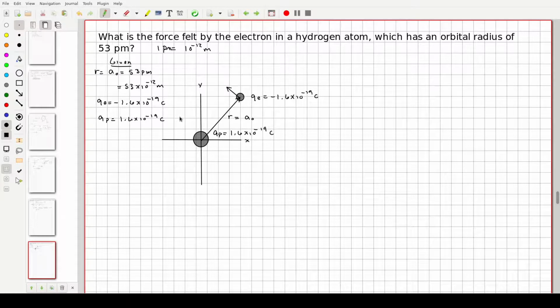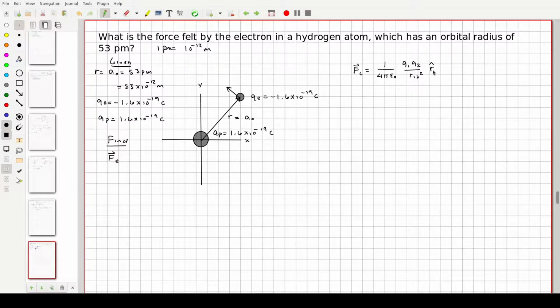Now what we're trying to find here is the force on the electron. Okay? So Coulomb's law, the version that I'm going to use here, is 1 over 4 pi epsilon naught Q1 Q2 over R12 squared r hat. R hat, again, points from the center outwards.